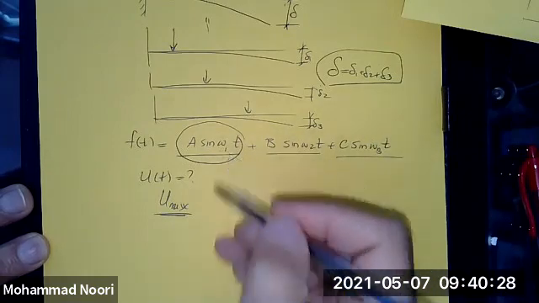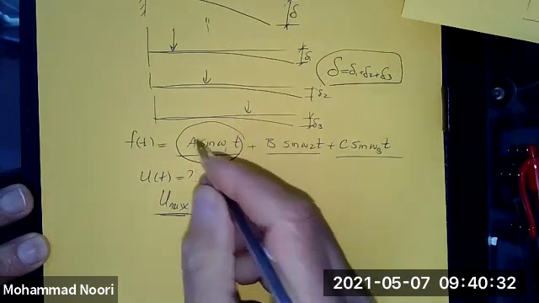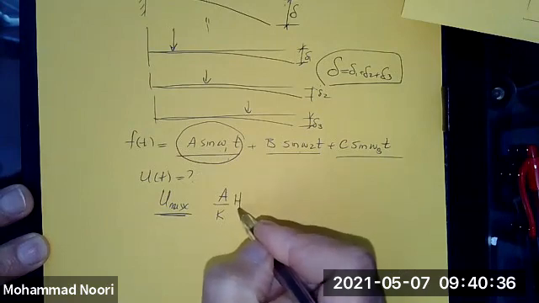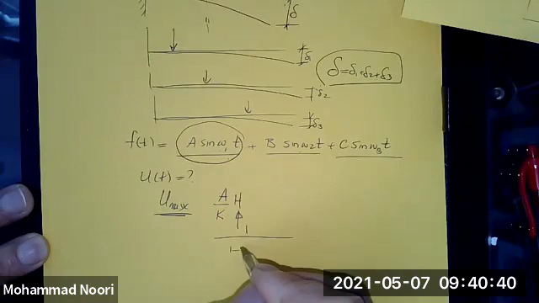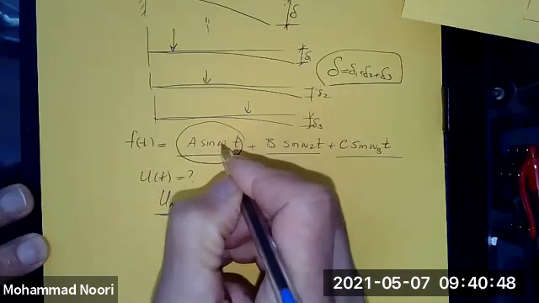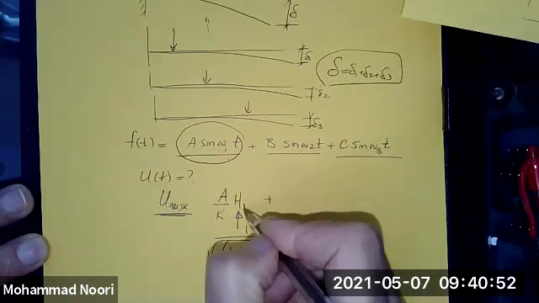So what is the maximum displacement on this one? It is A's F0, which is A, over K times H, right? Where H is what? That is 1 minus R squared plus 4 zeta squared R squared, where R corresponds to this frequency, right? You do the same, so I called it H1.